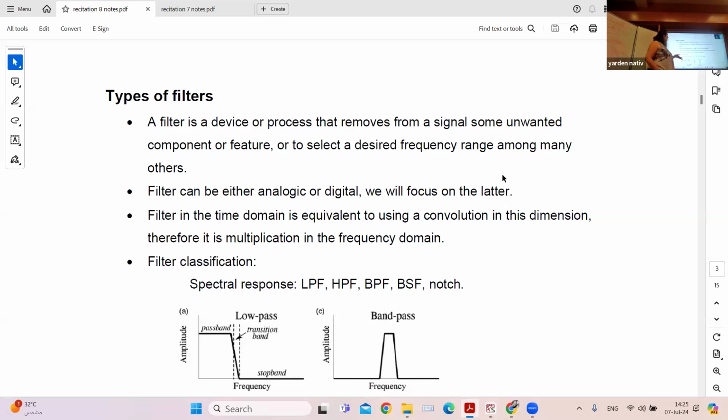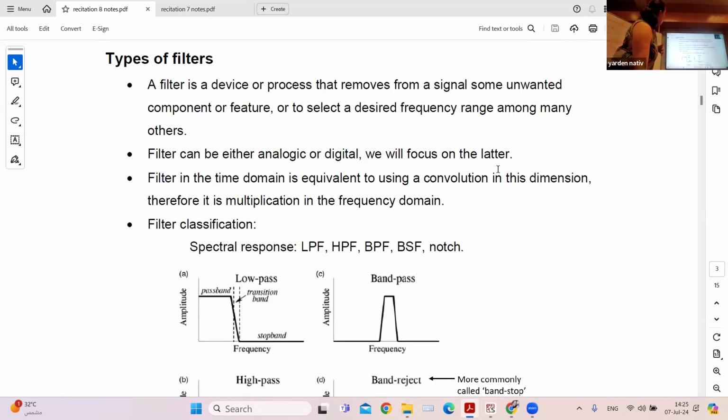Now I want to know what the different types of filters are. As I said, I'm not going too much into details, but what you need to know is that each filter is a convolution, because every time we multiply something in the frequency domain, it is like a convolution in the time domain.